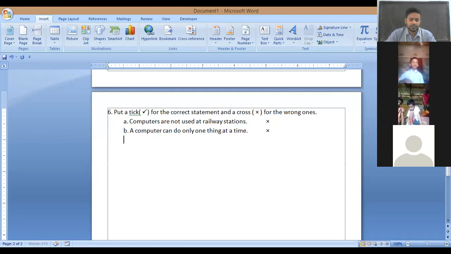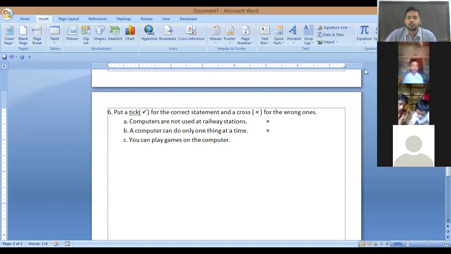After B, we have C. Question number C is you can play games on the computer. Yes, it's true.